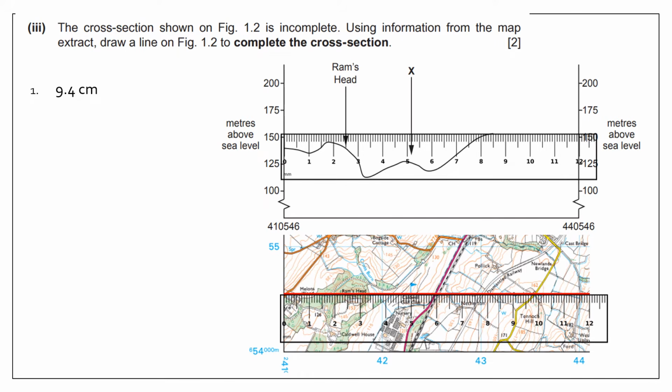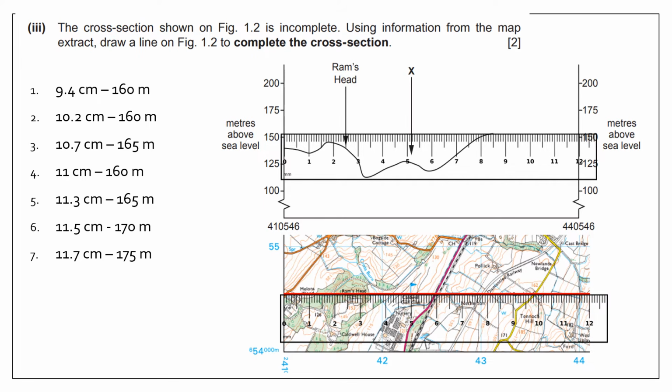So what I mean by that is if I use the map at the bottom, at 9.4 centimetres, a contour line crosses that red line, 10.2, 10.7, 11, 11.3, and so on, until I get to the end. And then what I would do is I would look at the brown lines, I would follow the ones that have been labelled with the height, so 160 metres or 165, and I would put those heights on first, and then I'll work out the difference between the two.